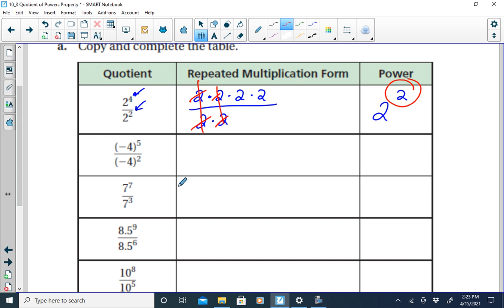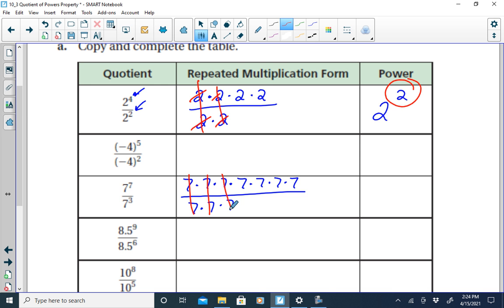So, if we take a look at something like this down here, 7 to the 7th power would be 7 times 7 times 7 times 7 times 7 times 7 times 7 in the numerator, and in the denominator we'd have 7 times 7 times 7, right? And we would see the same result.